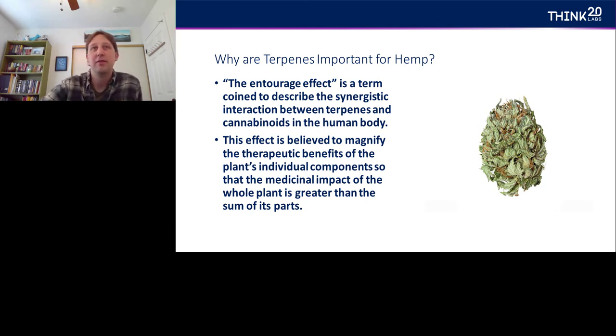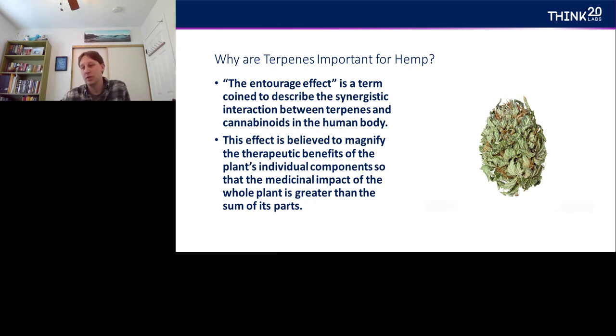There's been evidence that shows that terpenes also interact with the endocannabinoid system. So it's not too big of a leap of faith to recognize that they play a part in the overall experience. There's thought that these compounds magnify the therapeutic benefits.